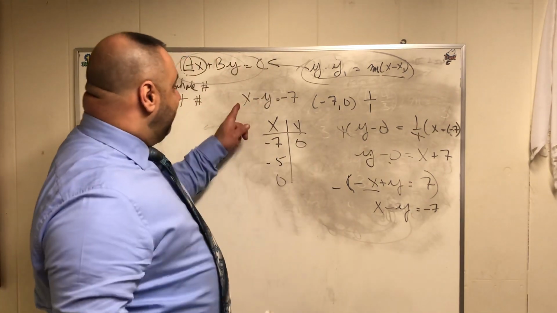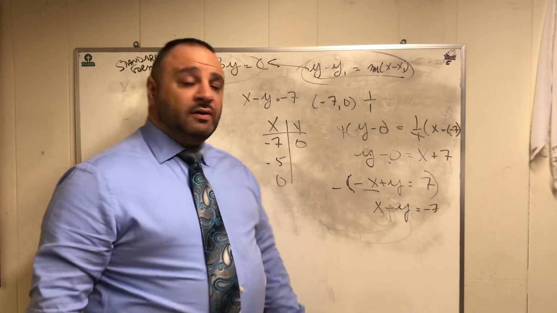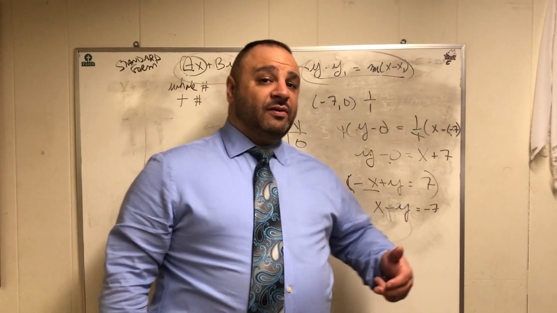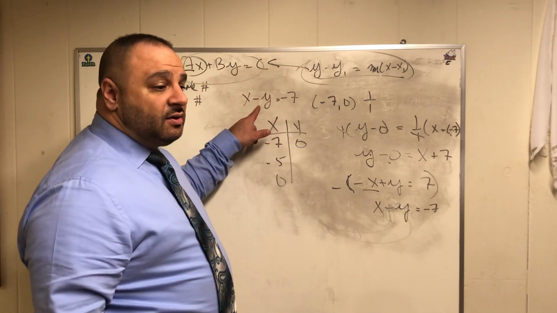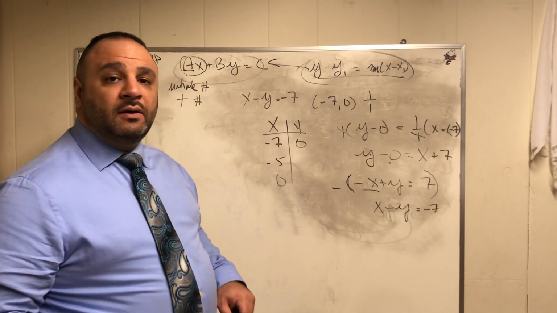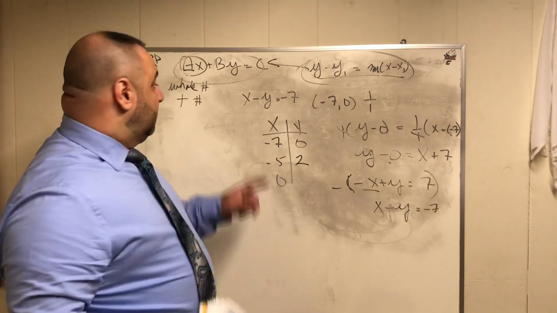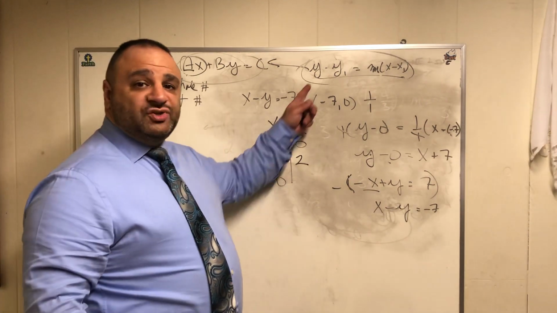Now, if this is -5, then y must be what? So -5 minus, and we should have +2. -5 minus 2 equals -7.